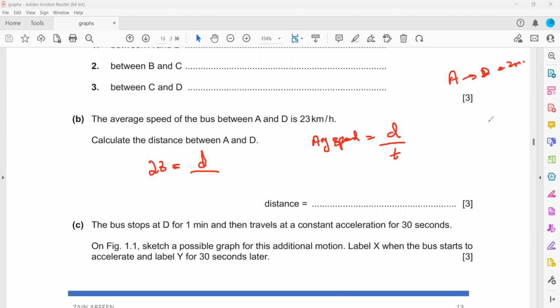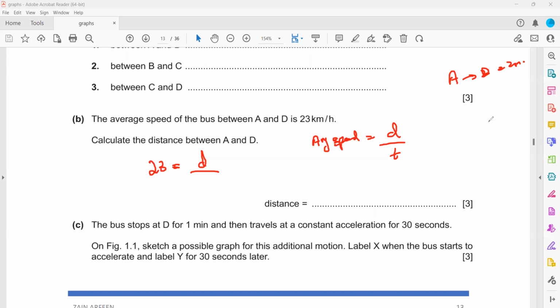So we have to convert it. Sorry, we have to convert these minutes into hours because the speed is in kilometers per hour, so the time should be in hours.